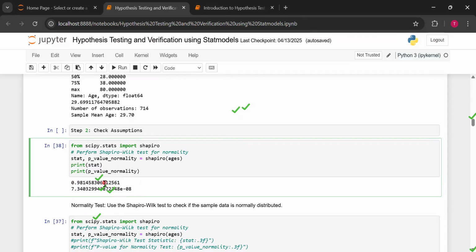Our probability value is 7 point something. If you look keenly, you think that's 7, but it's not 7. If you look at the end, you see it's e to the minus 8. So this is a very small value, less than 0.05, showing that the data is not normally distributed.